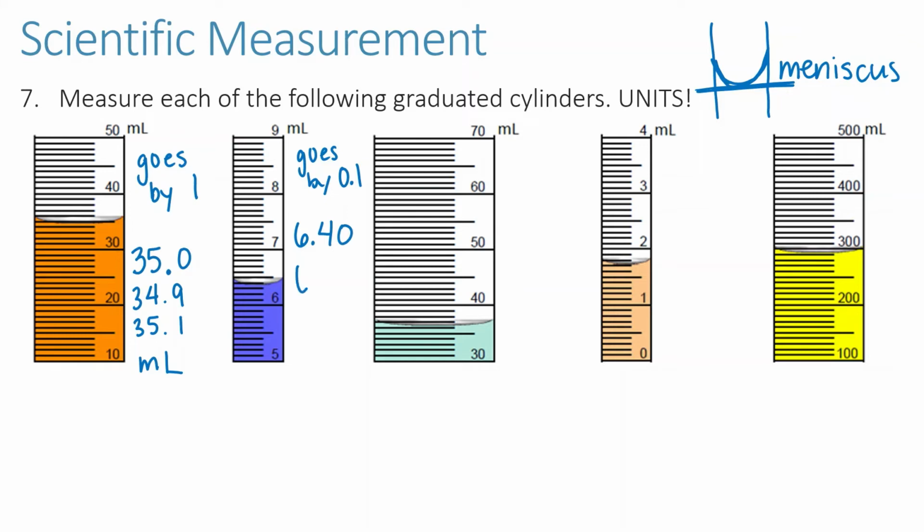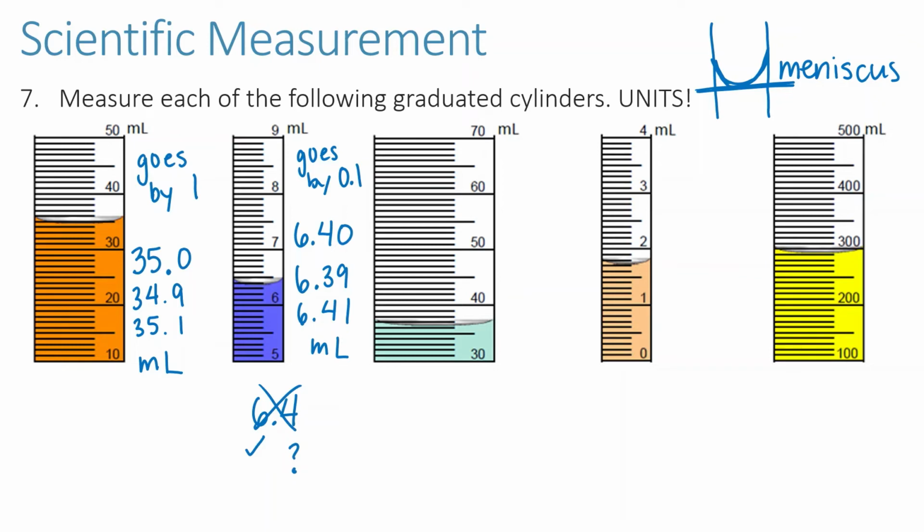If you think it's just under, or just over, all of these measurements would be correct for this graduated cylinder. The reason you can't just write 6.4 is that if I wrote 6.4, that would tell me that I guessed the 4 and I knew the 6.